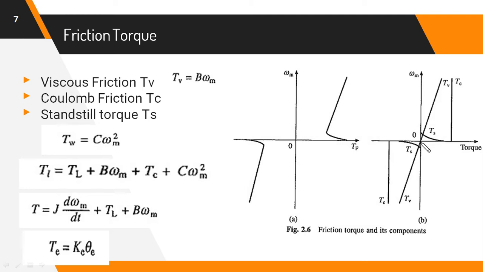In figure B, on the y axis omega m, speed, is given, on the x axis torque is given. TV starts from the origin and increases linearly. So this torque increases as omega m increases.